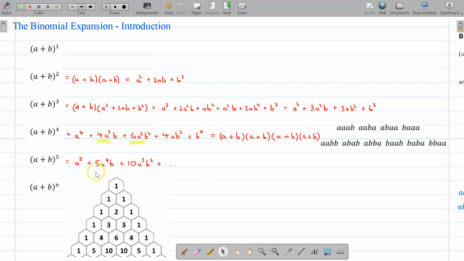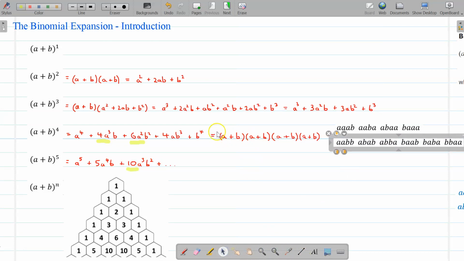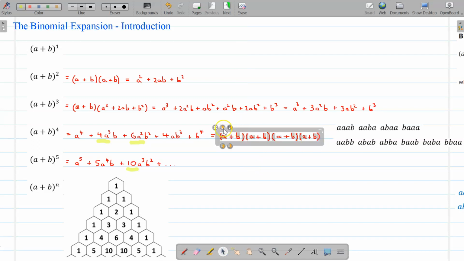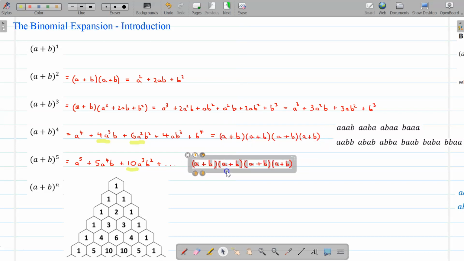And I'll just take an example from this expansion here. Let's look at this 10 that appears here. Where does the 10 come from? It's telling me that if I had 5 brackets, in other words, the first 4 plus another one, I'll just illustrate this for you. If I took those 4 brackets there, I'll just make a copy of that and bring that down there.